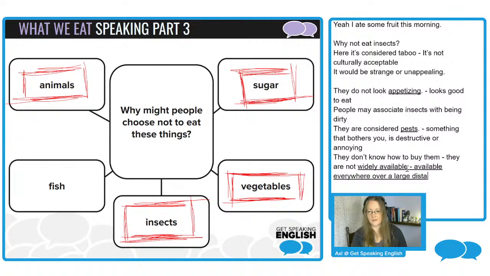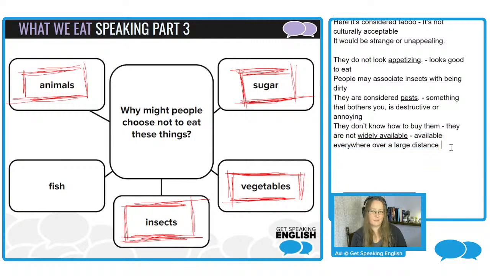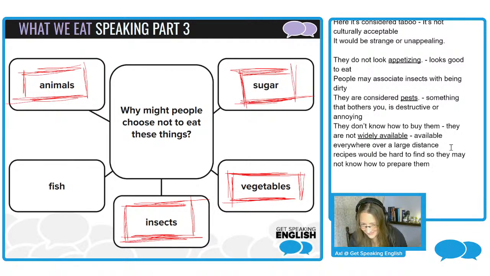Or a large distance, rather. And probably, you know, recipes would be hard to find, I would think, too. Yeah, so they wouldn't know how to prepare them, right? So lots of reasons why maybe people wouldn't eat insects and things like that, but, you know, maybe perceptions will change, maybe in time, right? Yeah.